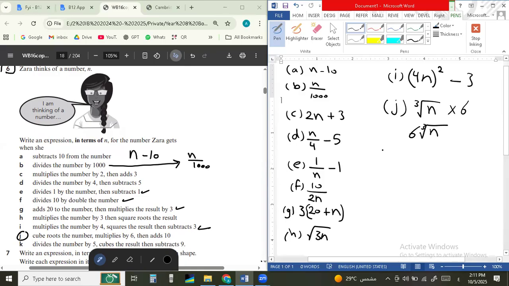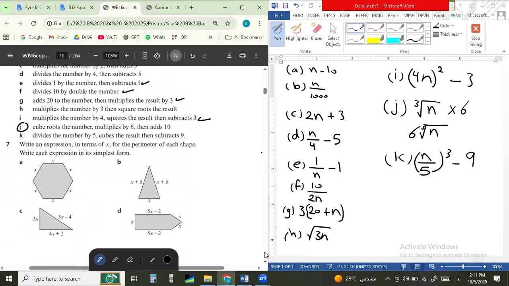Divides the number by 5. That's the last question. N divided by 5. Cubes the result. Then in brackets, and this must be done because it's n over 5 all to the power of 3. Then subtracts 9, minus 9.